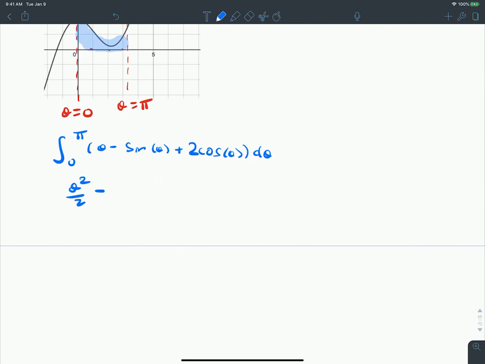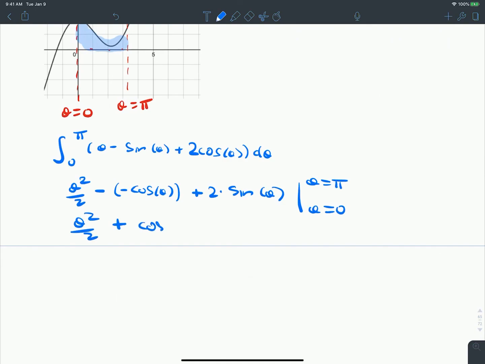The derivative of sine is cosine. Derivative of cosine is minus sine. So this would be minus cosine. Let's think about that again. We need the antiderivative of sine. Yes. Plus 2 times the antiderivative of cosine, and that's just going to be sine. Theta is 0, and theta is pi. So theta squared over 2 plus cosine of theta plus 2 sine theta from 0 to pi. This is my antiderivative function.